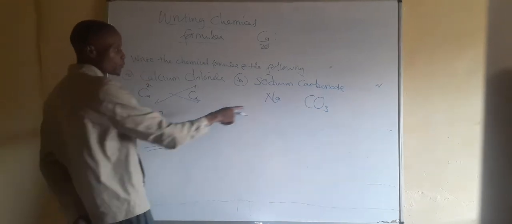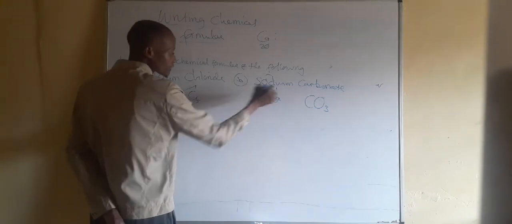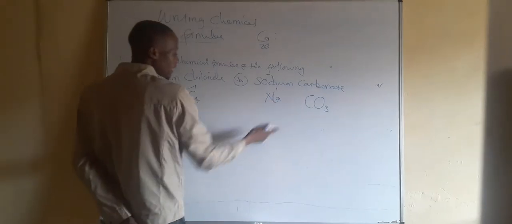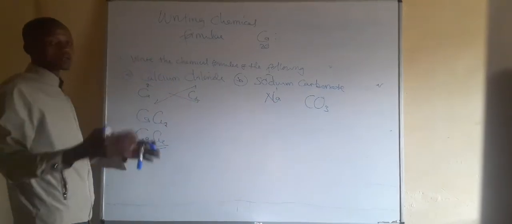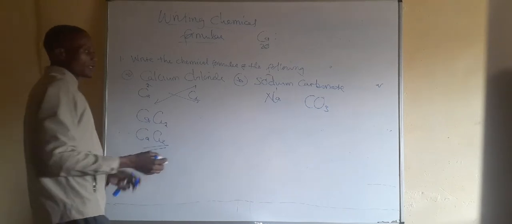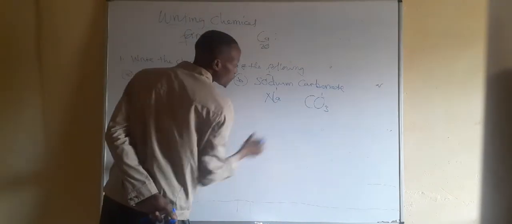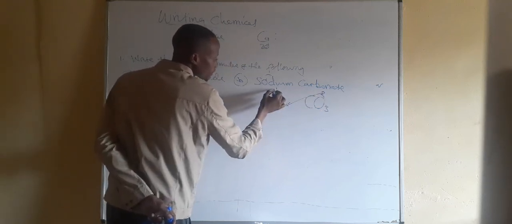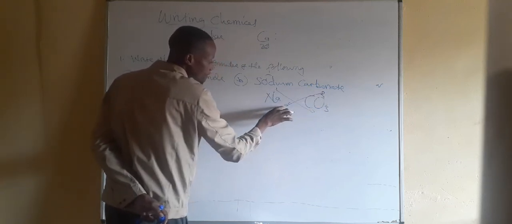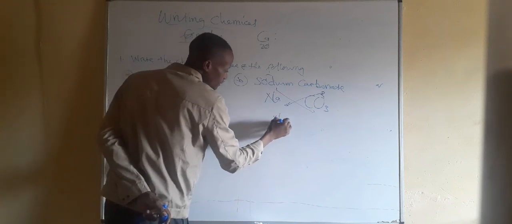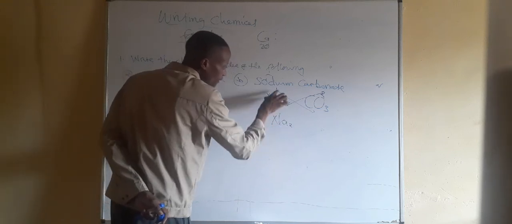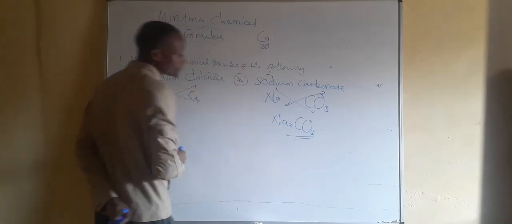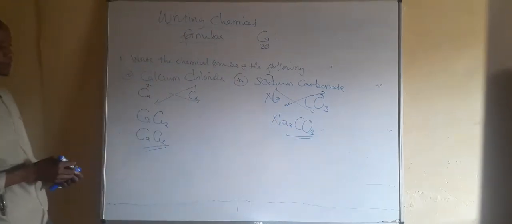Sodium is found in group 1, therefore it has a valence number of 1. I already explained in the beginning. Then carbonate is a radical. I said you have to know each chemical formula and the valence number. Carbonate has a valence number of 2. We exchange the valences. The 2 goes there. That is Na2, and remember, when it is a 1, you are not supposed to show it, CO3. That is sodium carbonate.